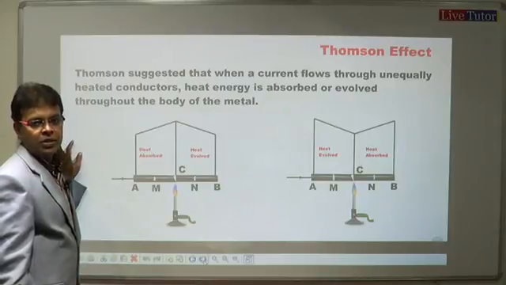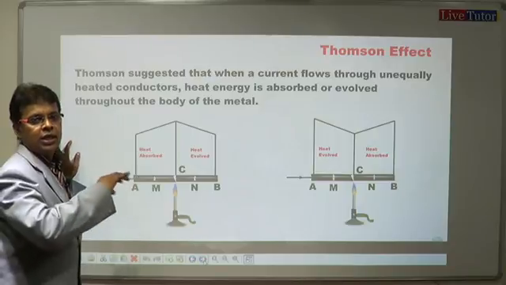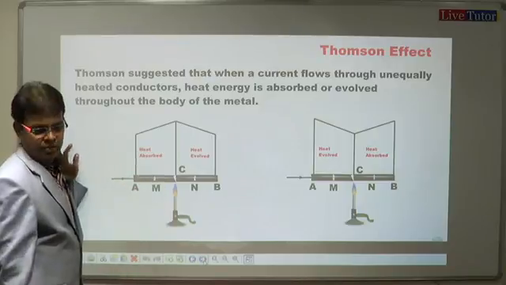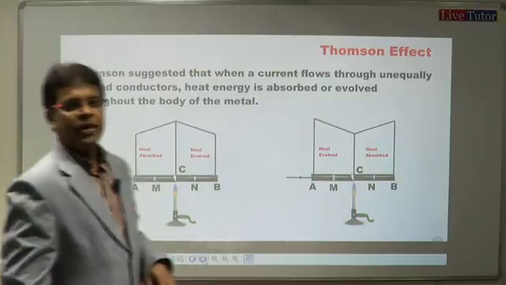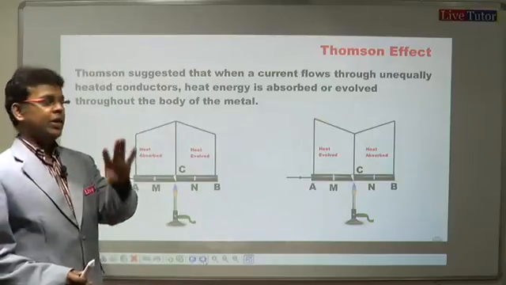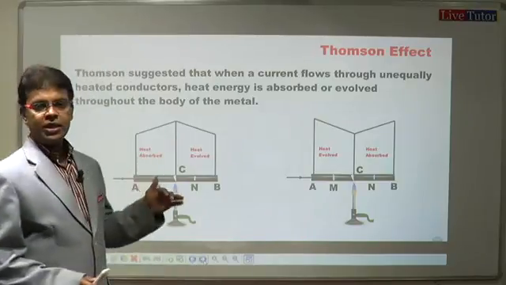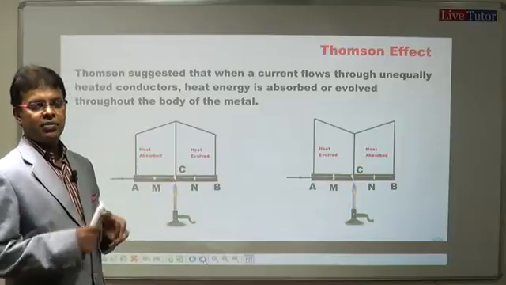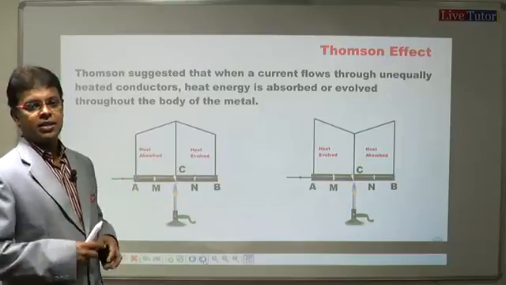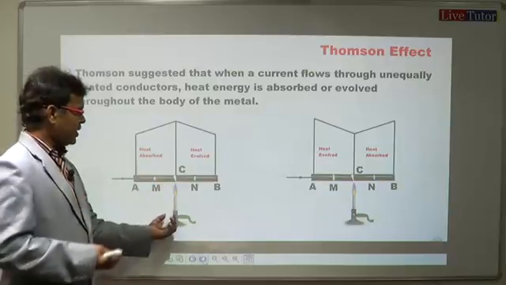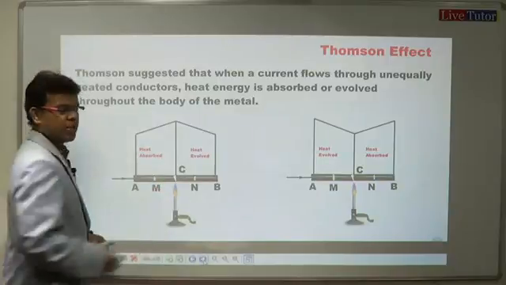It is absorbed or evolved throughout the body of the metal அப்படினு சொல்றார். Right? When current flows through unequally heated conductor. Unequally heated னா ஒரு சைடுல ஹீட் ஆகுது, இன்னொரு சைடுல ஹீட் ஆகல. அது மாதிரி இருக்குறத என்ன சொல்லுவோம்? Unequally heated. ஃபுல்லா கொளுத்தாம, say for example இங்க we are using Bunsen burner, isn't it?